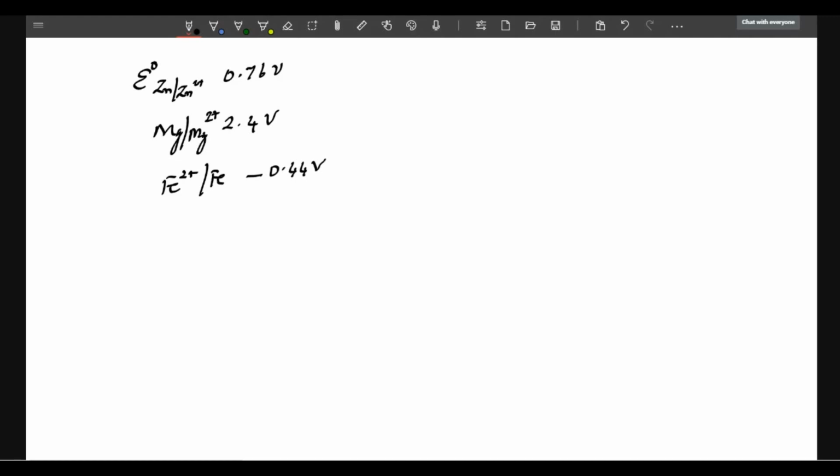Which of the following statements is correct?